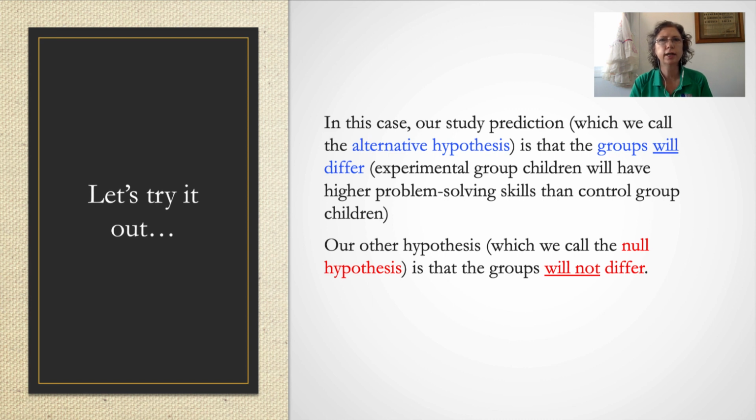So now let's try out our example. In this case, our study prediction, which we call the alternative hypothesis, is that the groups will be different. In fact, we expect the experimental group children will have higher problem-solving skills than the control group children. The null hypothesis would be, again, nothing, that there is no difference between those two groups.